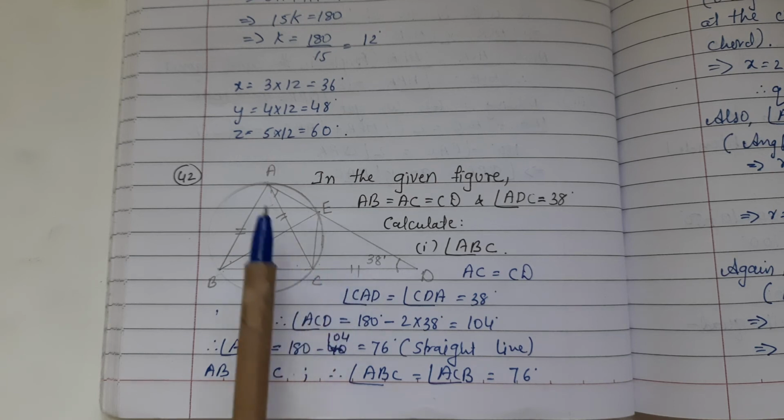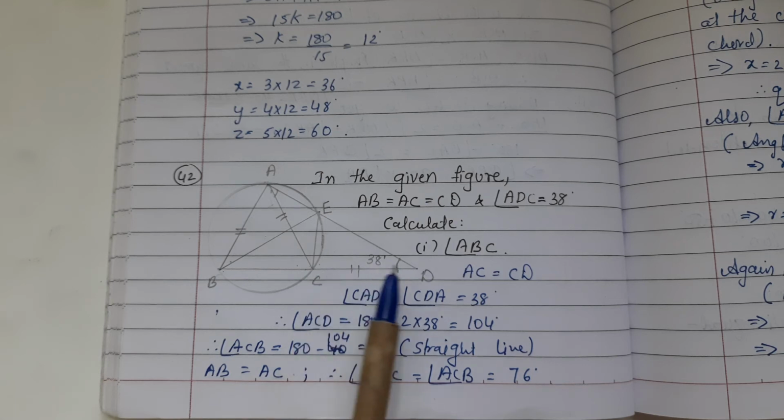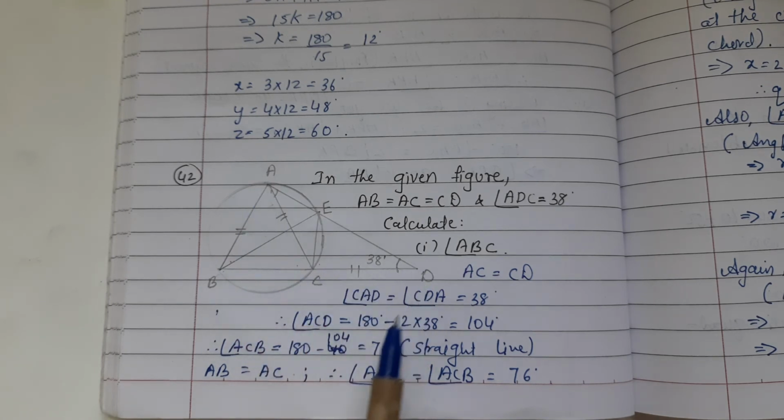Therefore, angle CAD is equal to angle CDA equal to 38 degrees. Therefore, angle ACD is equal to 180 minus 2 into 38, which is equal to 104 degrees.